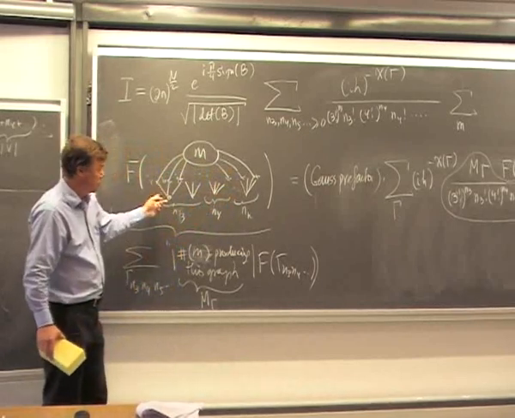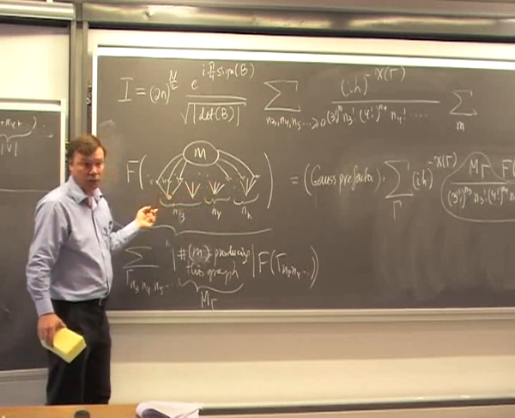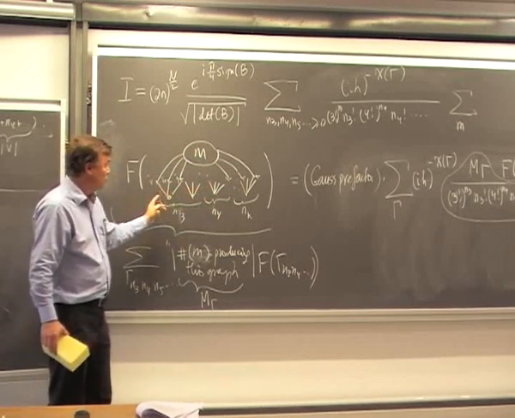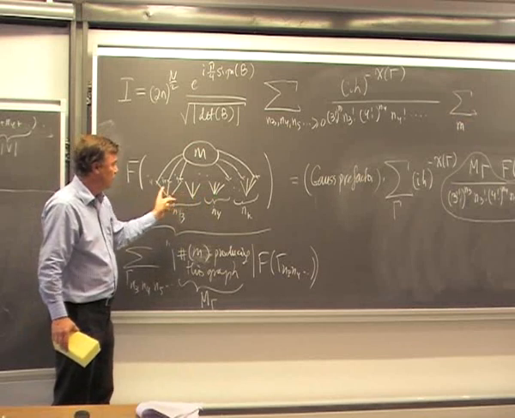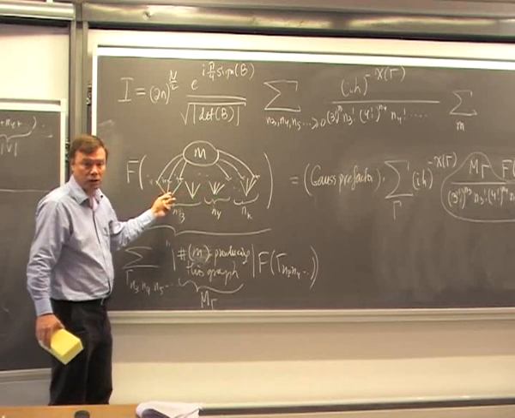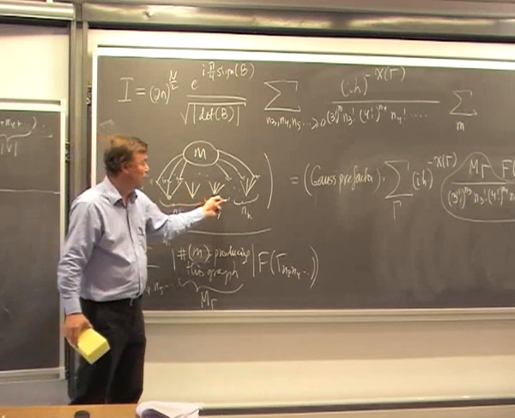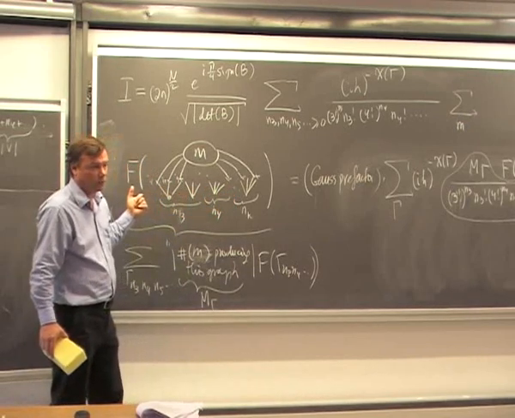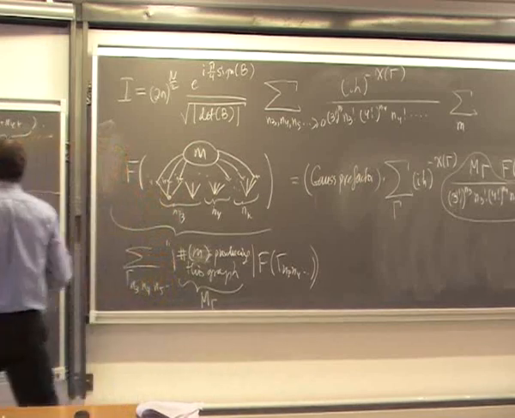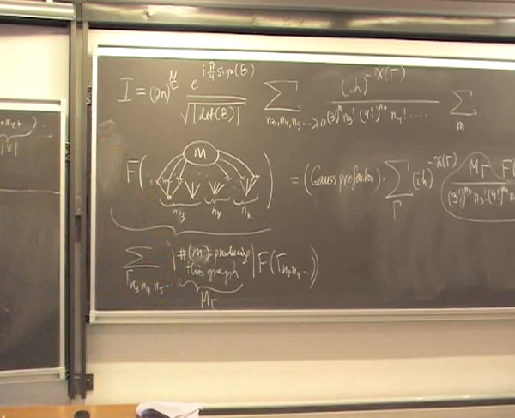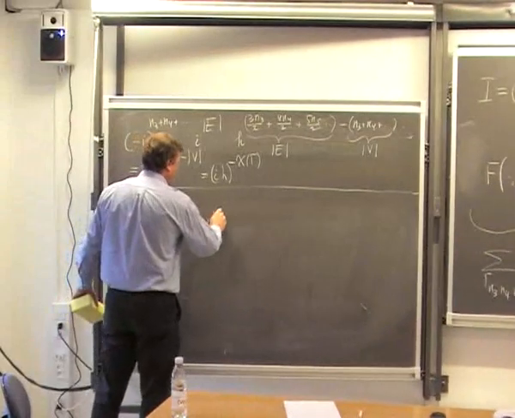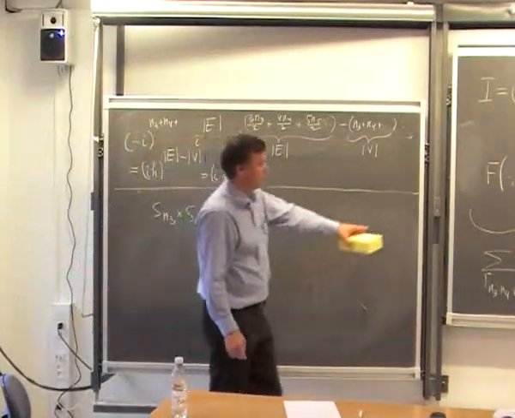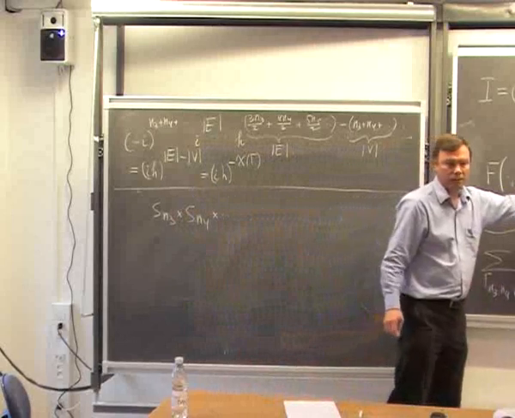So which operations can we do which don't change this configuration? We can permute any pair of trivalent vertices. We can permute any pair of k-valent vertices. Nothing will change. So we have S_n3, S_n4 acting trivially on these graphs.